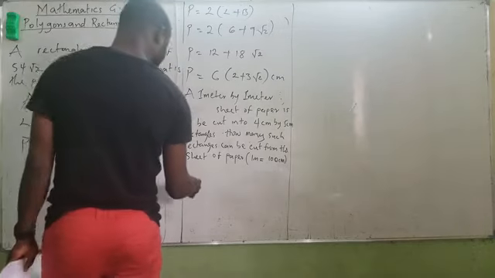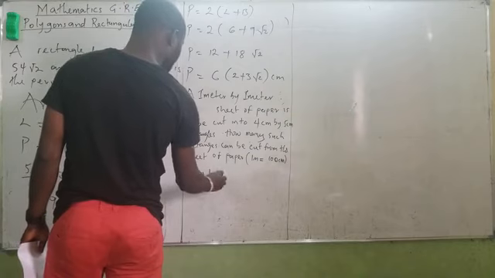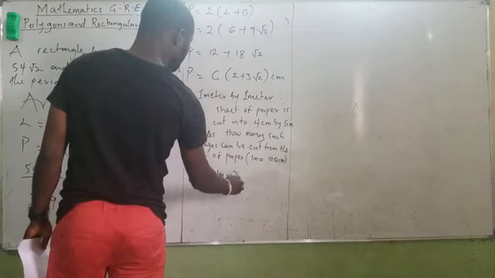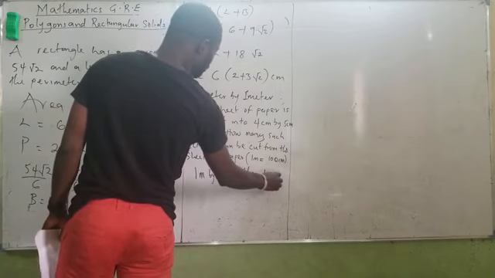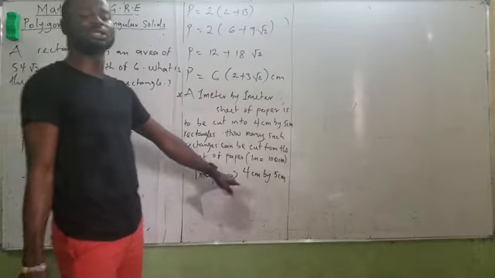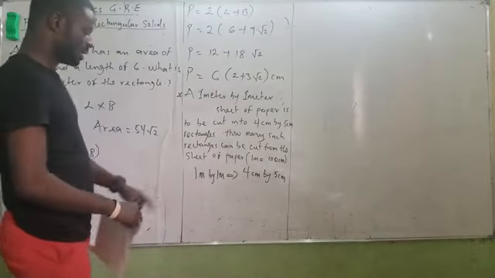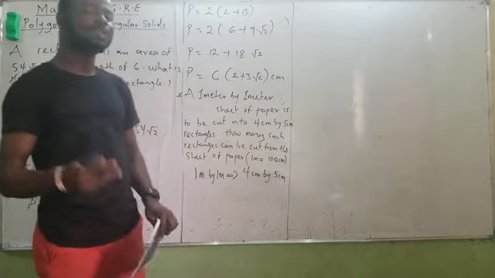Now, don't forget that 1 meter by 1 meter, which implies 4 centimeter by 5 centimeter. At this point, you can't do anything to it because this is a unit of centimeter, meter, and centimeter. You must make it equivalent.